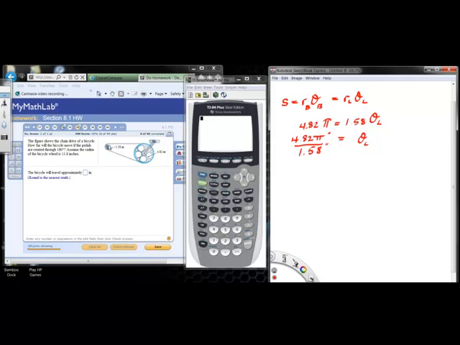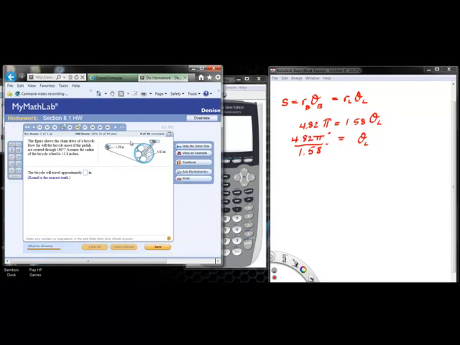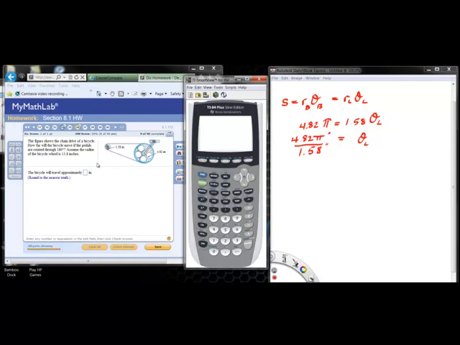Now we have to think about the problem about where is the actual tire, the bicycle wheel. Well, the bicycle wheel is around this gear. This is the axle of the wheel of the bike. So now what we want to know is what is S going to be for the tire, because that will be the distance.